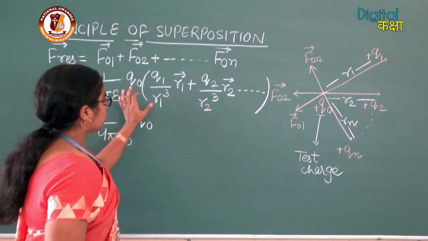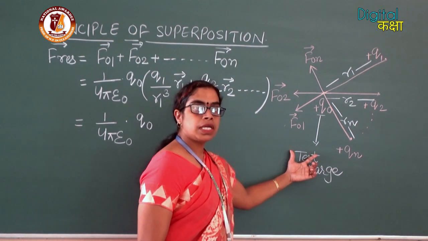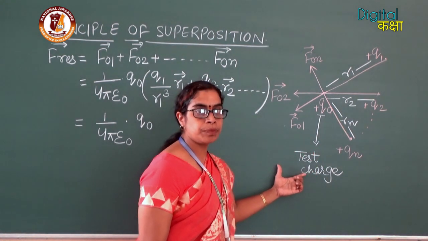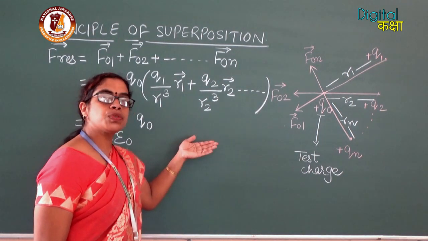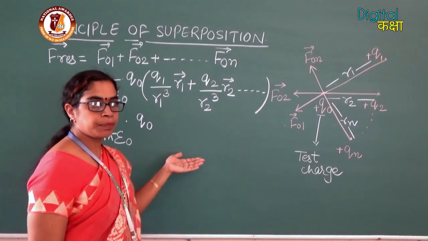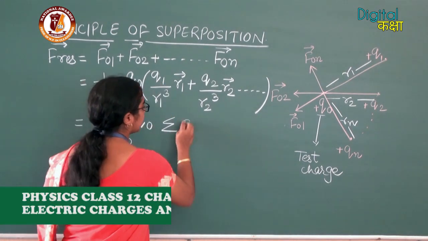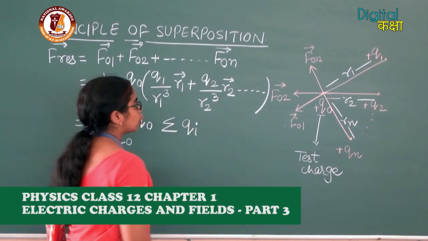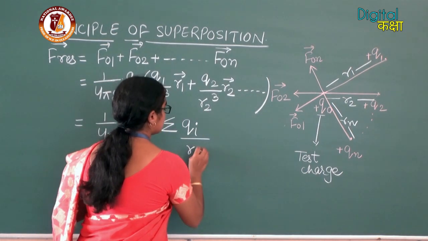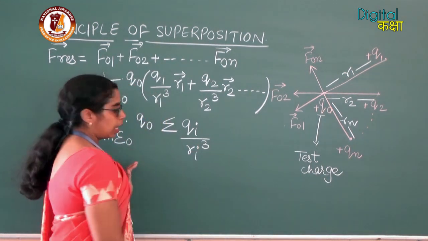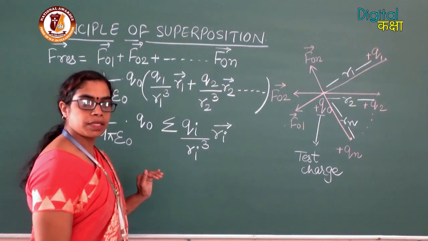Q naught. Now, since I have told you that this distribution of the charge is the discrete distribution, in order to represent these terms, we will be using the summation sign, and inside that summation sign, I will be taking the charge Qi upon the cube of the distance, which will be Ri cube, and the vector will be taken as vector Ri.